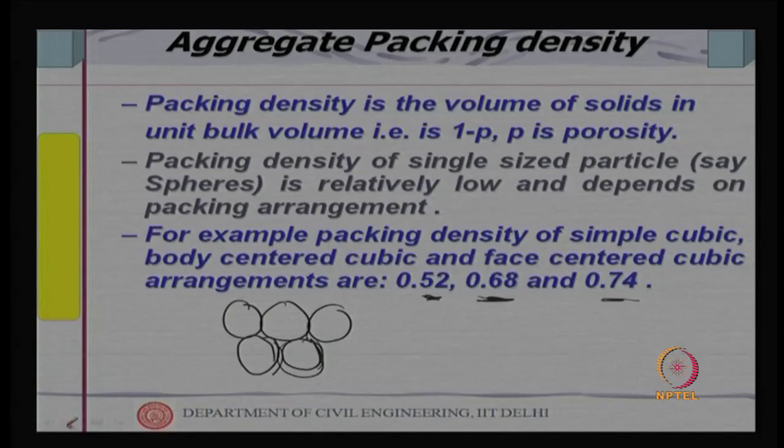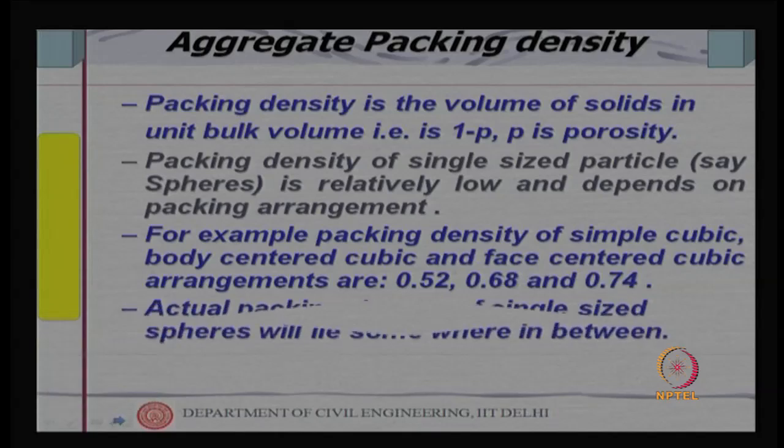Therefore, it is independent of the size and depends upon the packing characteristics. Well, actual packing density of single sized spheres will lie somewhere in between these two. You can have best packing or the worst packing, random packing can have something anywhere in between.